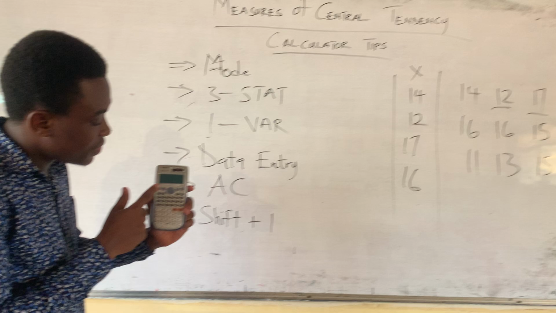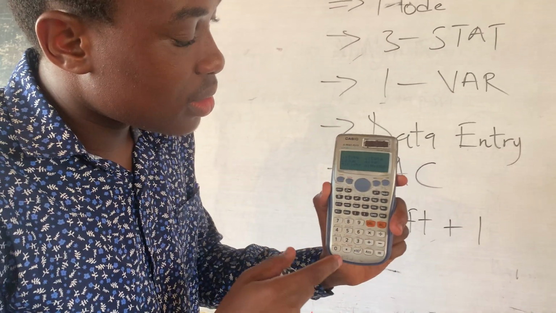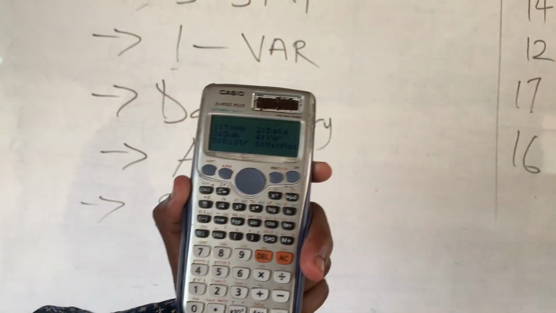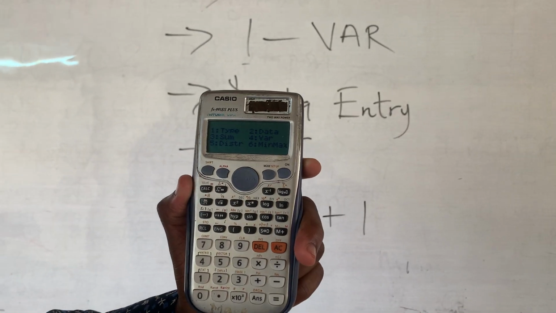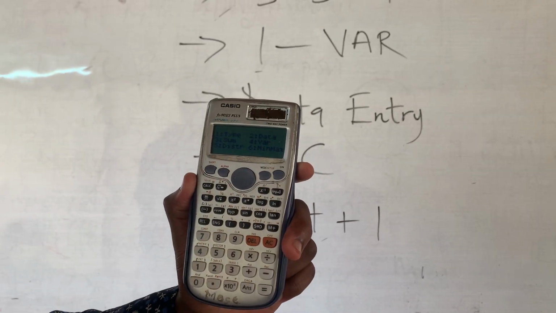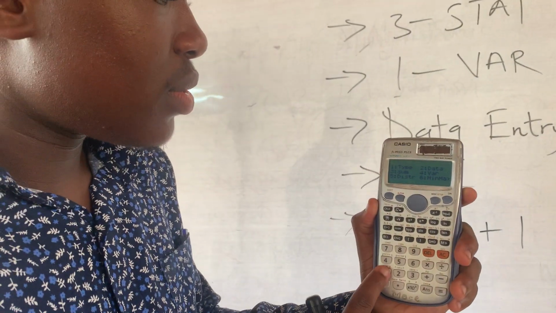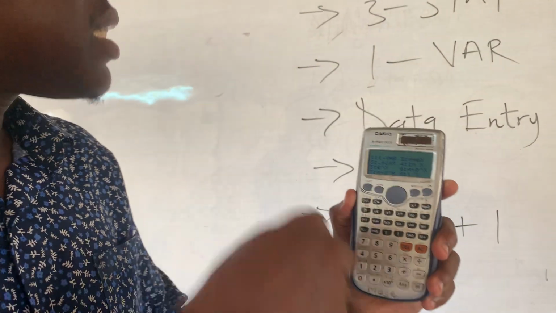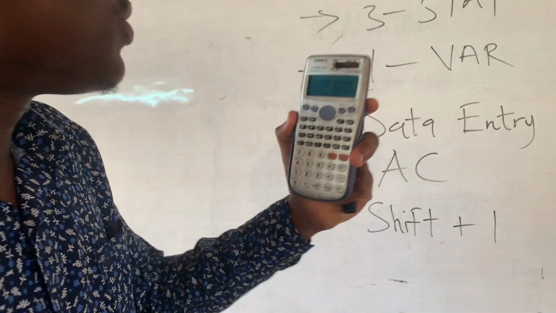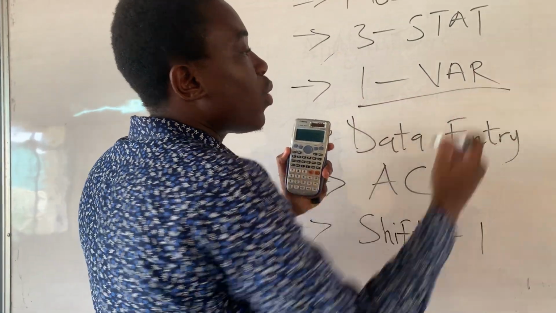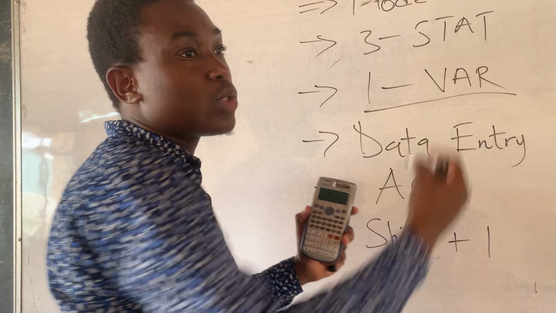If you press Shift and 1, it gives us 6 options. So the first option, which is the type, takes us to the beginning where we have to select the one var after entering the start mode.